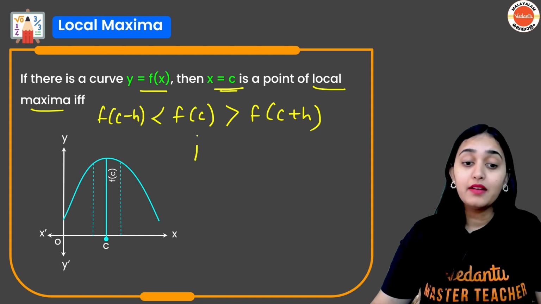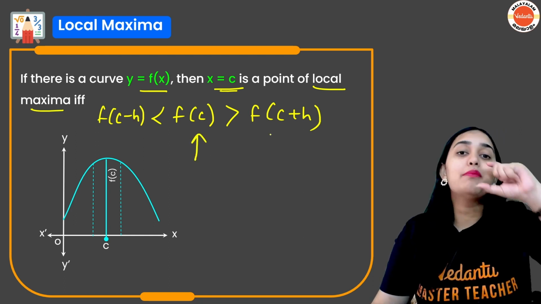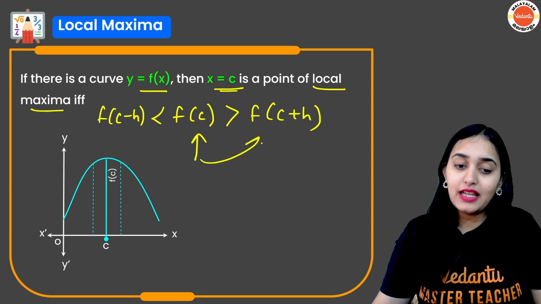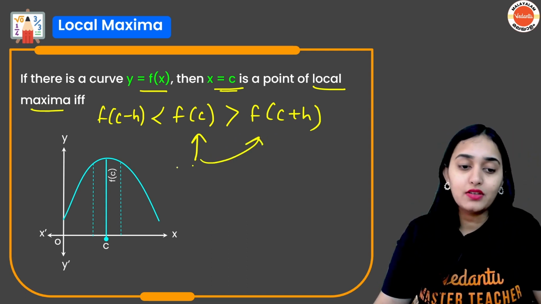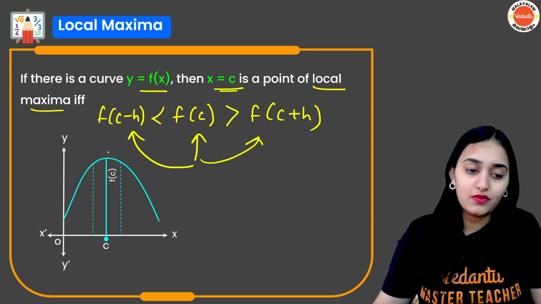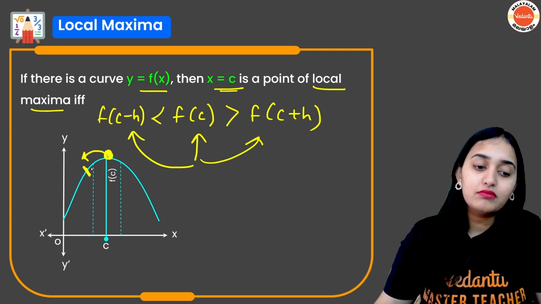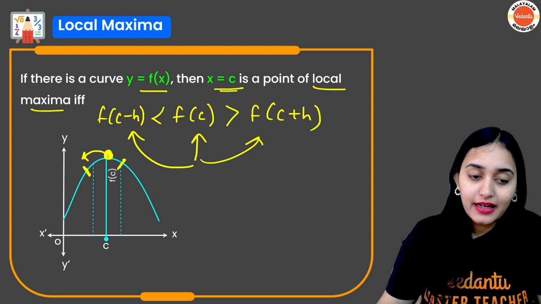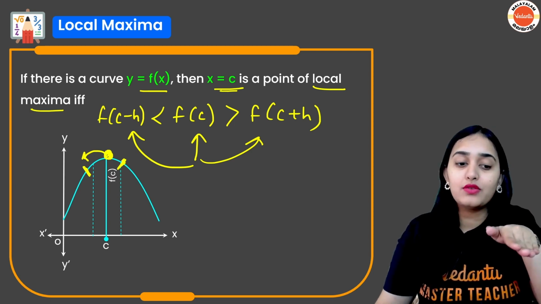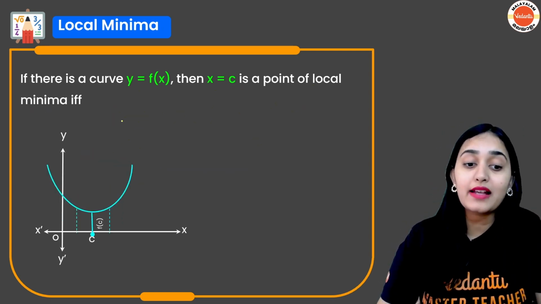That means at this point you have the maximum value. Greater than this, you will have a smaller value. Less than this, you will have a smaller value. For example, here, you have the maximum value. Smaller than this, it will be a smaller value. Greater than this, again a smaller value. So, that's why it is a local maxima.